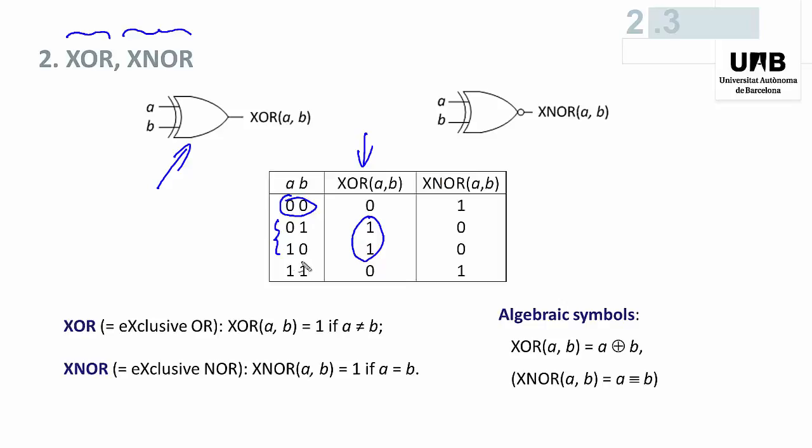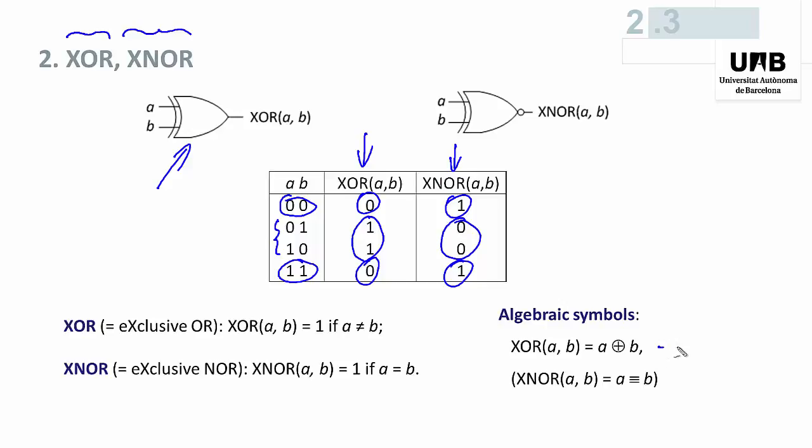When A is equal to B, 0, 0 or 1, 1, then the function is equal to 0. The XNOR of A and B is the inverse of the XOR of A and B. So the XNOR of A and B is equal to 1 when A is equal to B and equal to 0 when A is different from B.